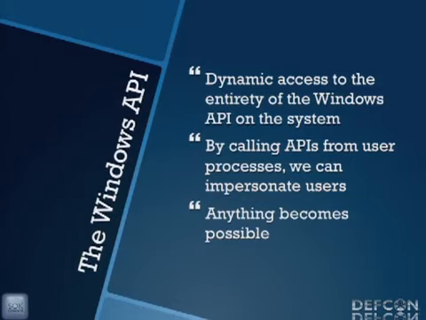So if we migrate from a system process into a user process, we can then call Windows cryptographic APIs as if we were that user, and the operating system will just go ahead and decrypt that data right for us. And you'll see a little bit of how some of that works later when we get to some of the demos. But basically, Railgun and the access to the Windows API makes anything possible once you get that initial shell.